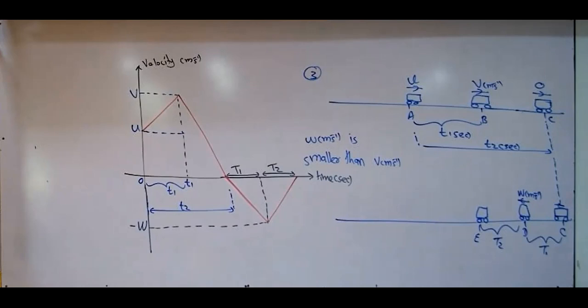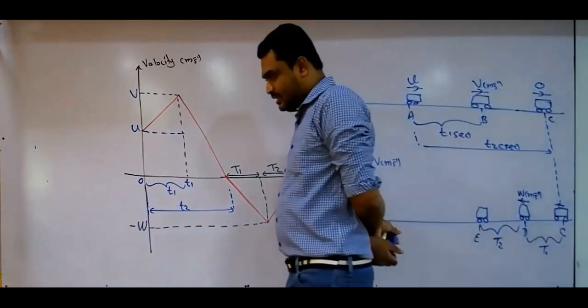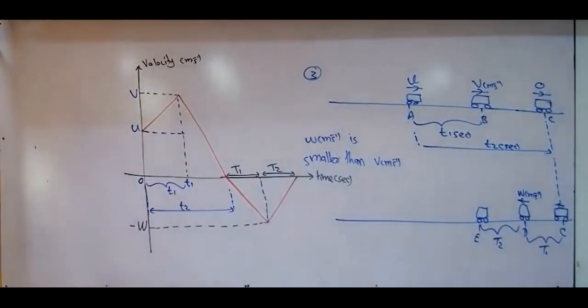The area under the graph in the positive section is not equal to the area under the graph in the negative section.